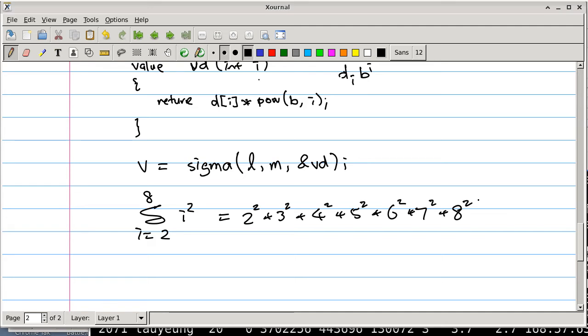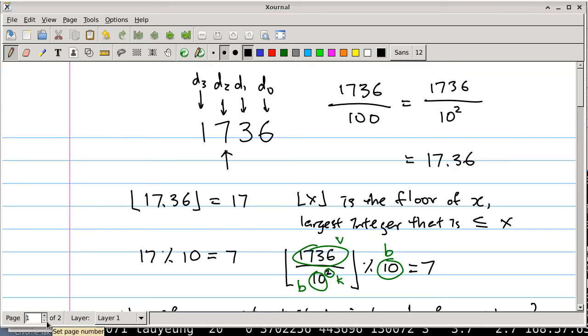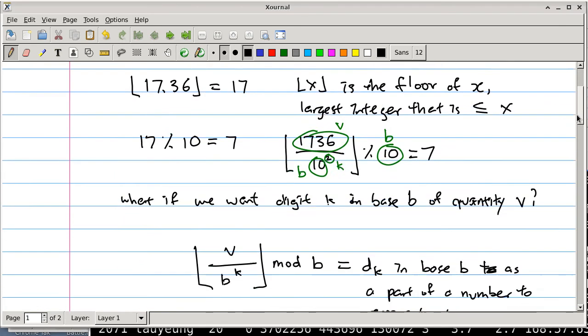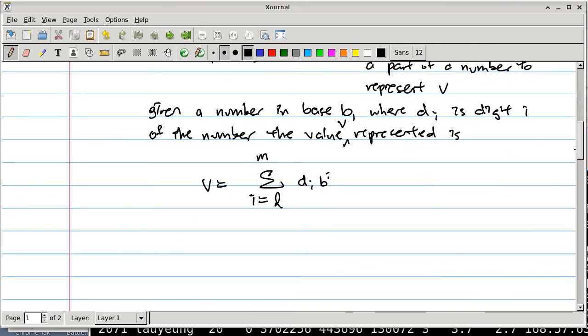So, given this is kind of what we are dealing with, and switch back to this page, let's focus on this one now. What does that mean? Well, let's put some concrete values to this and figure out what it actually means. The first thing is I'm going to use base 10 because we are all familiar with base 10 already. So let's assume b is 10 because we're dealing with base 10.